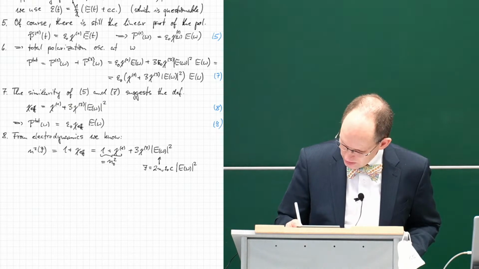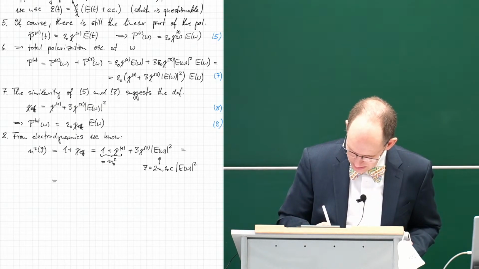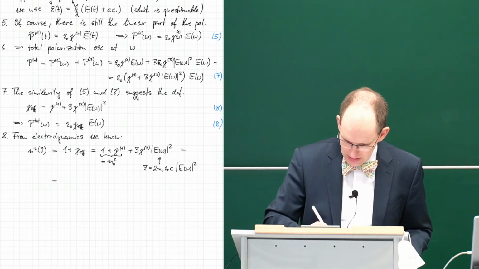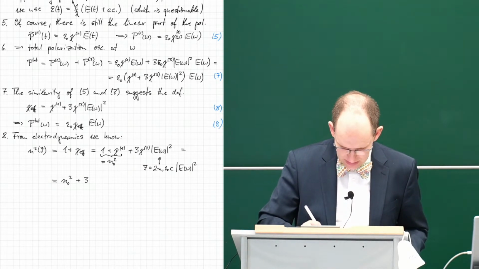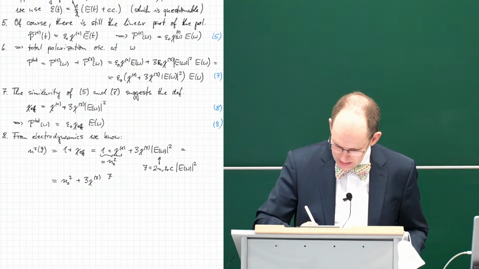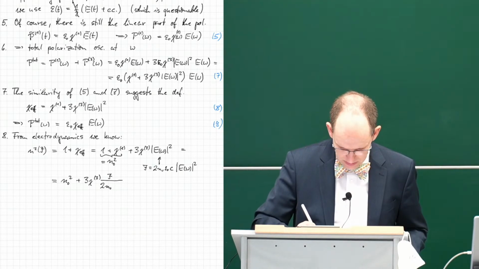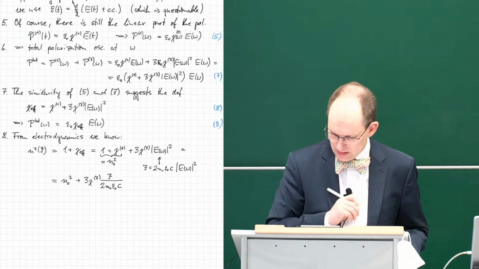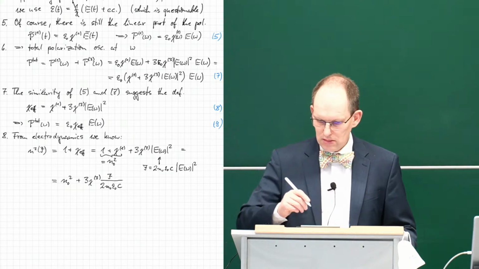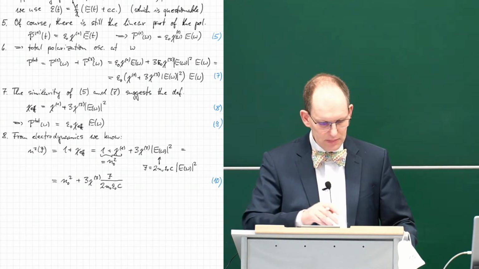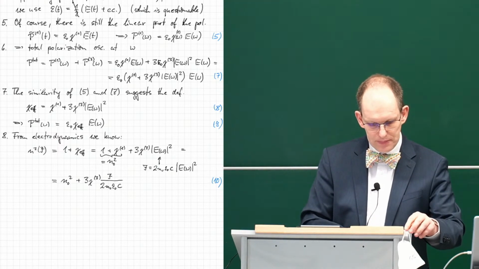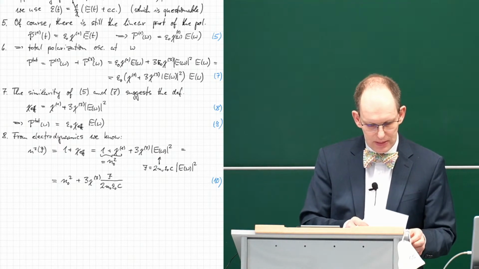And then you can continue here and write n0 squared plus 3 times chi 3 times the intensity divided by 2 times n0 times epsilon 0 times c. So that's equation 10, I guess.